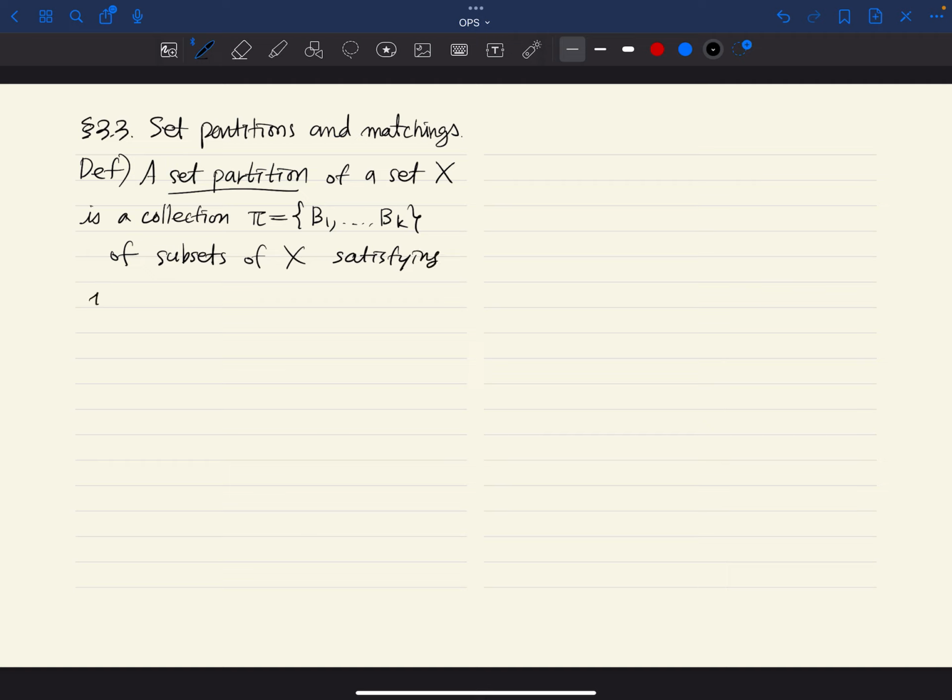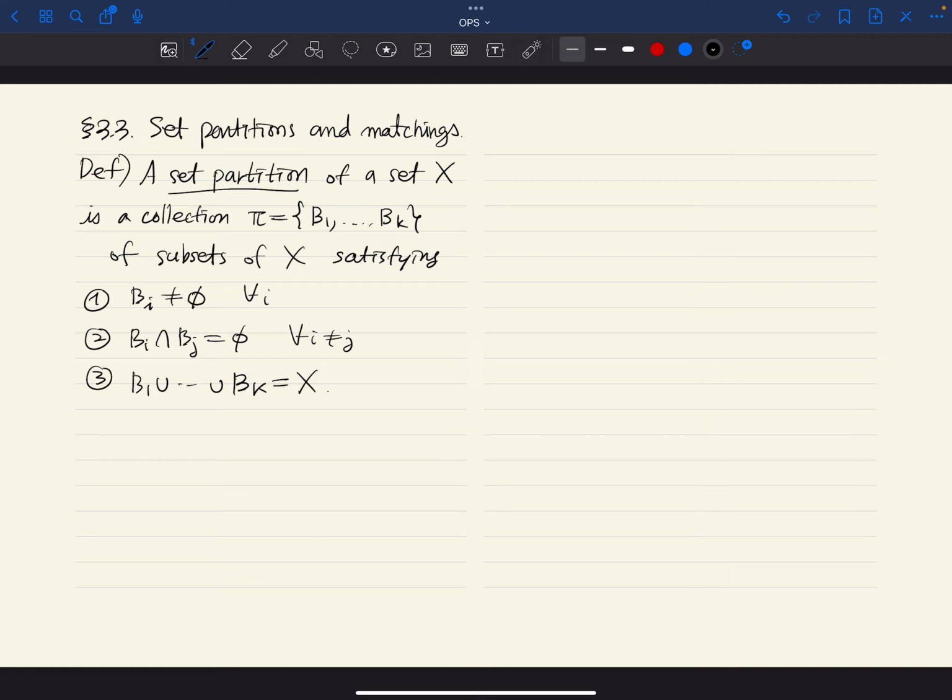First, they must be non-empty for all i. And they must be non-intersecting: the intersection must be empty for all i different from j. And finally, their union is the whole set X.